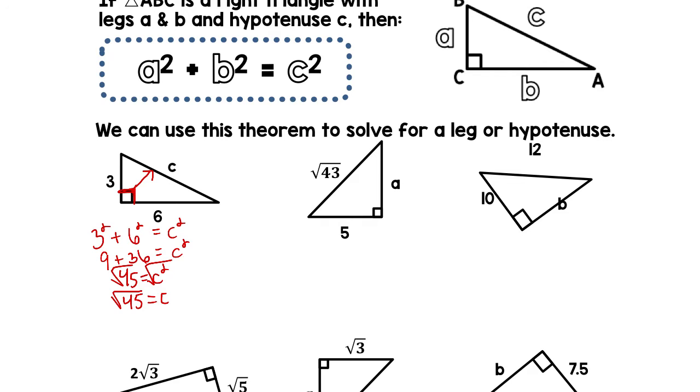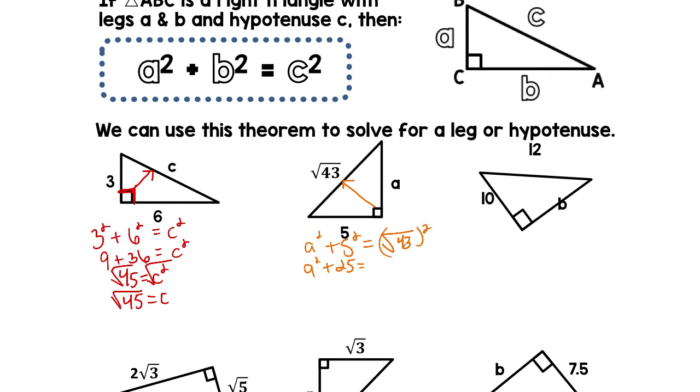Now we can find a leg that's not the hypotenuse. So our hypotenuse is square root of 43. So we have 5 squared. Well, let's not do that. Let's do A squared plus 5 squared is equivalent to the square root of 43 squared. Well, A squared stays A squared. 5 squared is 25.